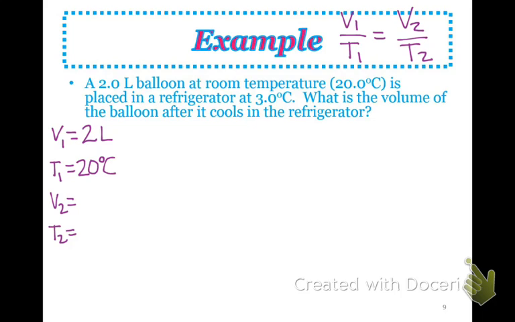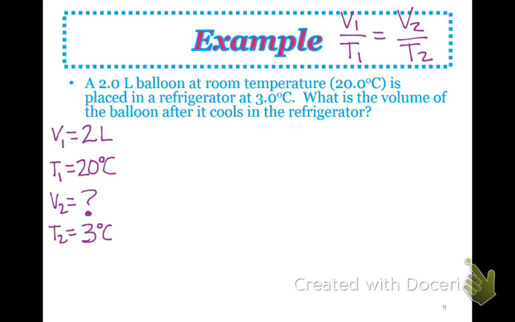So notice that those two numbers came together, so they're my ones. And then they give me 3 degrees Celsius, so there's a second temperature, so that's going to be my T2. And then I do not have a third volume, so that's going to be V2. Alright, so I'm solving for V2.